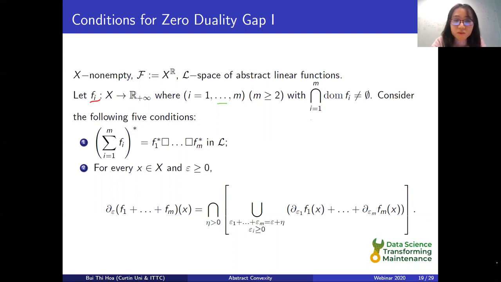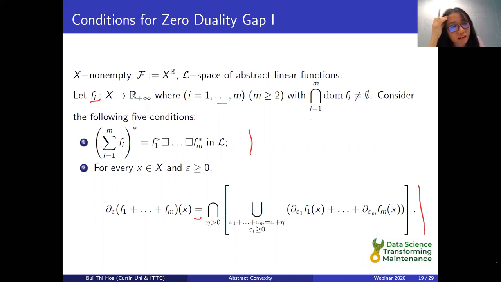If we consider the following five conditions, the first condition is the one we want to characterize. This is the equality of the two functions in L. The next one is actually the sum rule. If we recall again, this sum rule doesn't involve the closure of a topology.